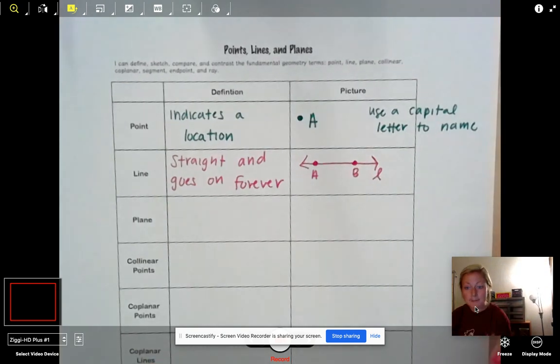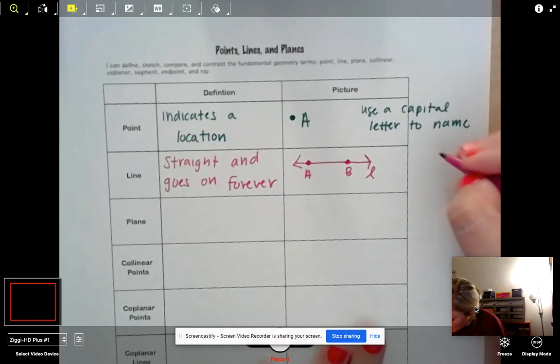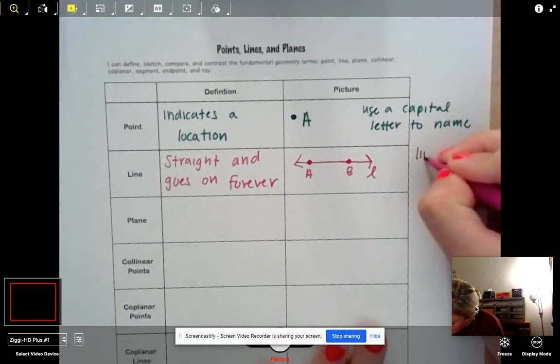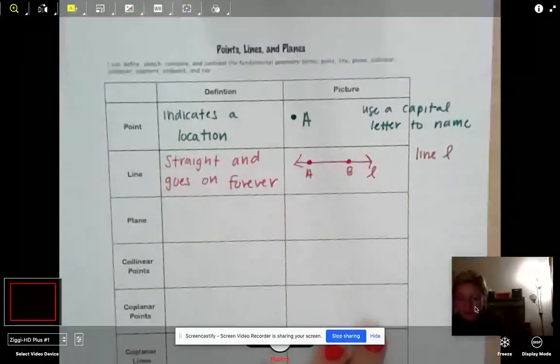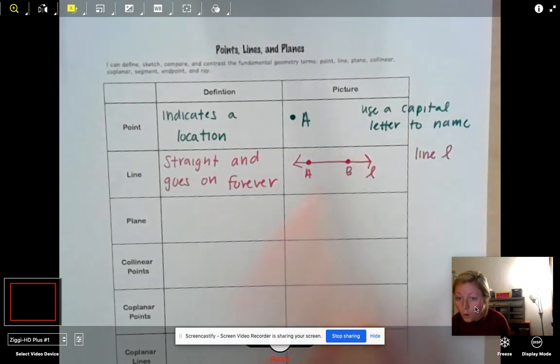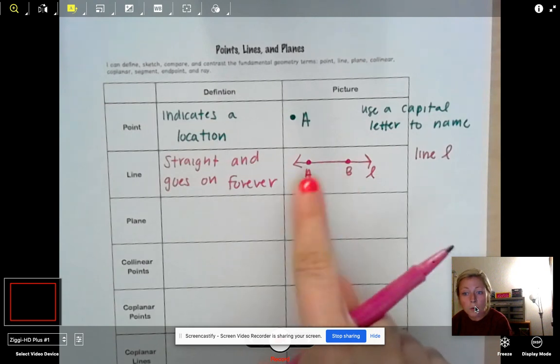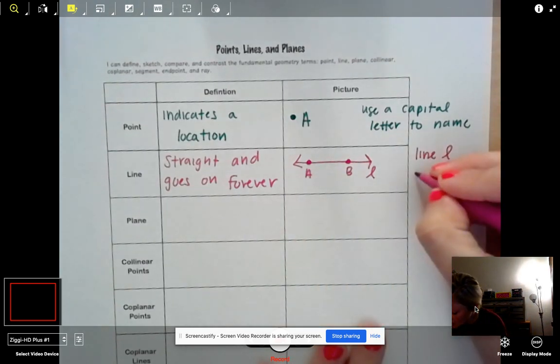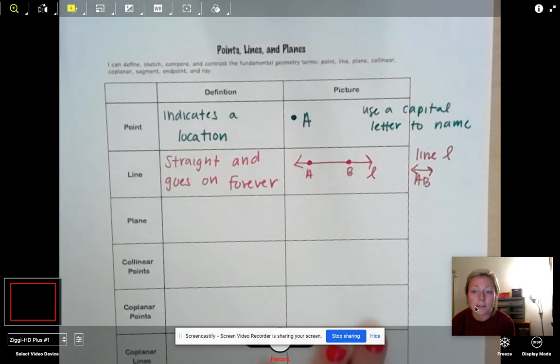When we name this, we have a few different ways to name it. You could call it line L. You can use that little cursive letter because that's naming this line. Or you could pick 2 points on the line and name it that way. So you could call it AB, but then you have to put a little line on top so we know it's a line.